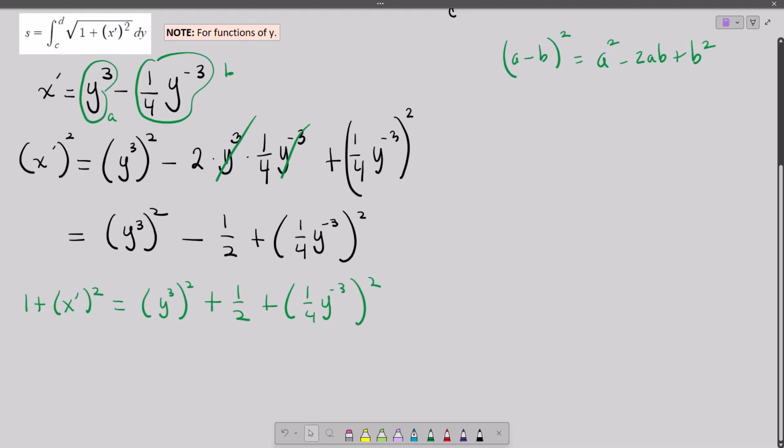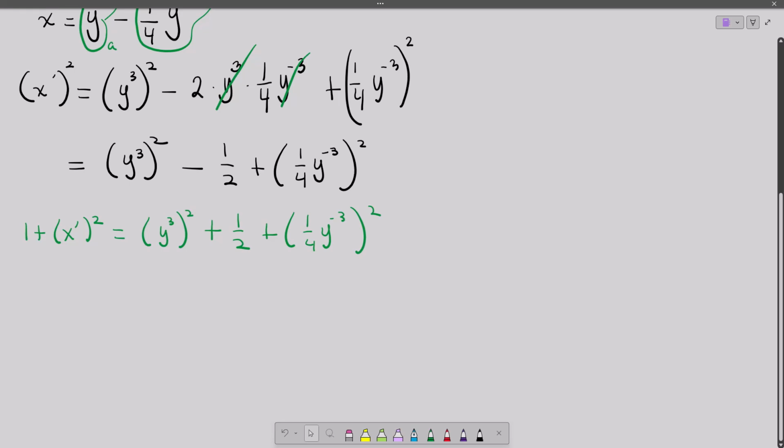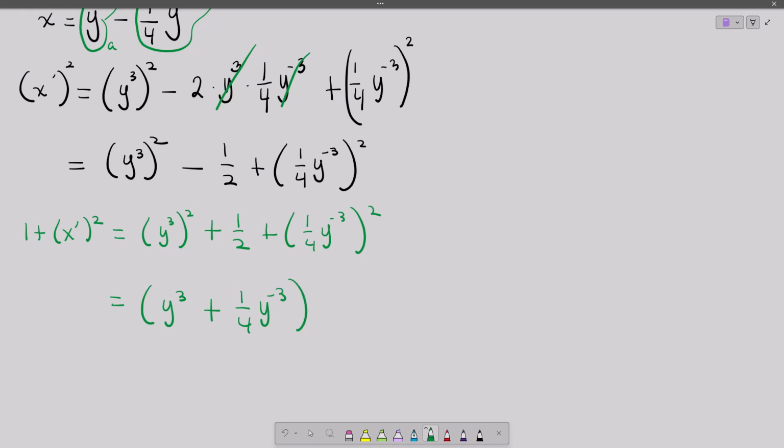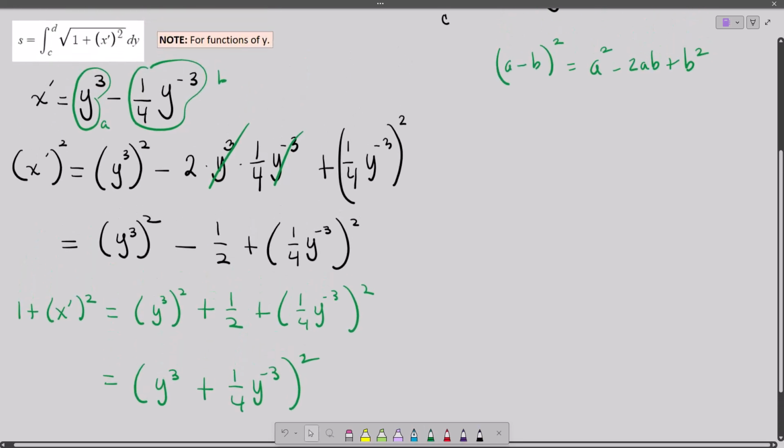It just flipped the sign. So that means that this one factors into y cubed plus 1/4 y to the negative 3, squared. Bless you. And now we can put it in the square root.